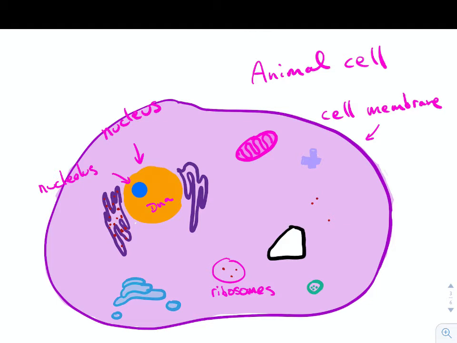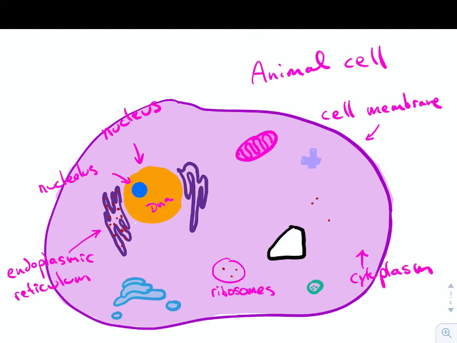You can also find ribosomes here in the cytoplasm, which is kind of like a nutrient-rich jelly that acts as kind of like the workstation of the cell. Everything exists in the cytoplasm. Or you can find them bound to this organelle here that is known as an endoplasmic reticulum.